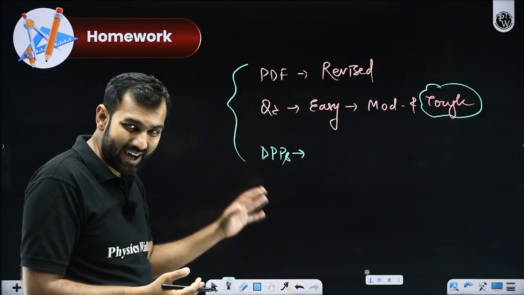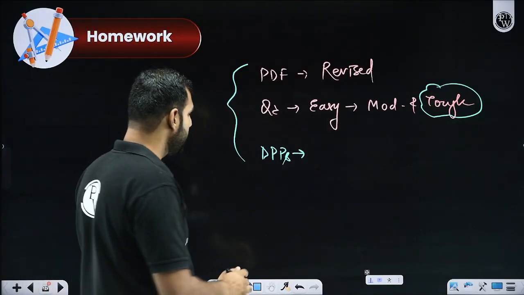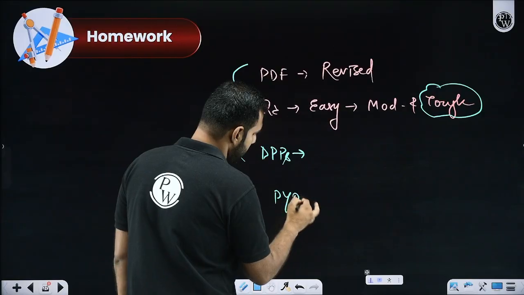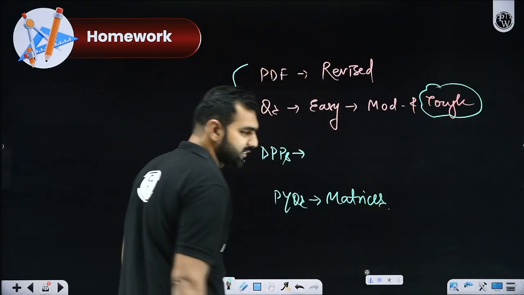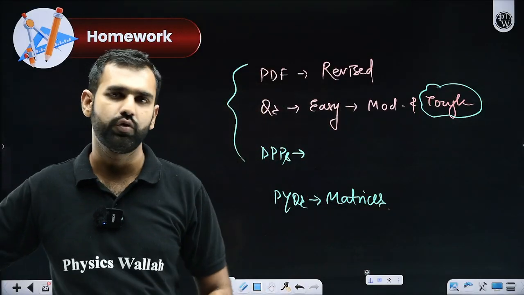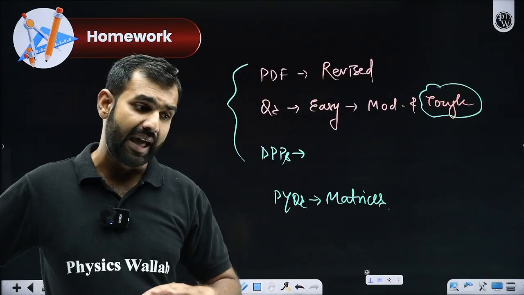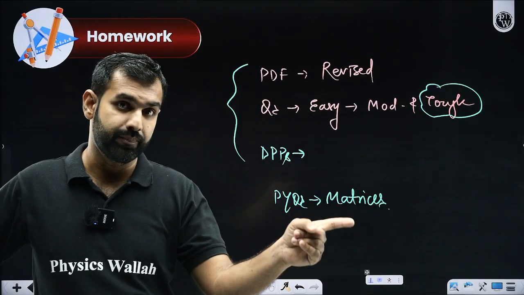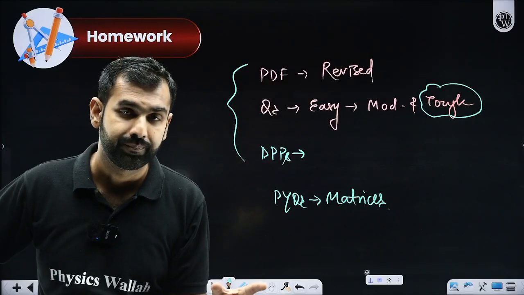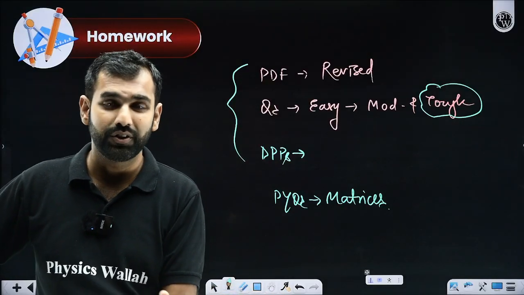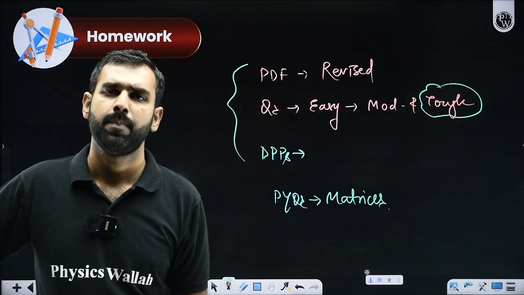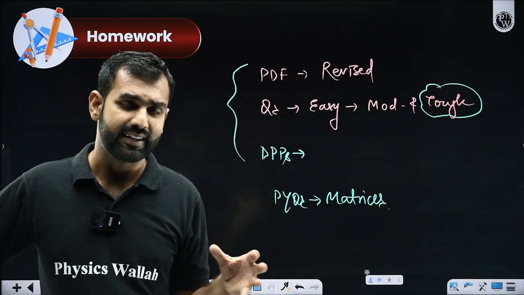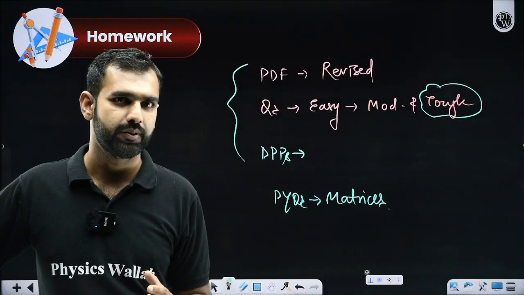Since we are done with the chapter matrices, you can start solving PYQs of matrices, because from tomorrow onwards, I'll be starting the next chapter, relations and functions, which is again a very important chapter, and it lays the foundation for calculus, the king of mathematics. 50-60% of your syllabus is asked from calculus in mains and advanced both. And the whole foundation gets laid with this chapter, relations and functions.